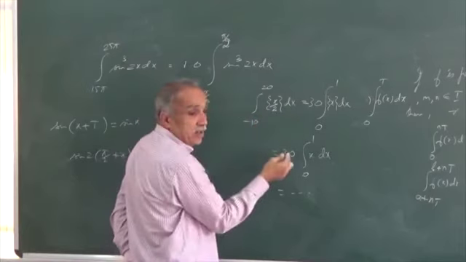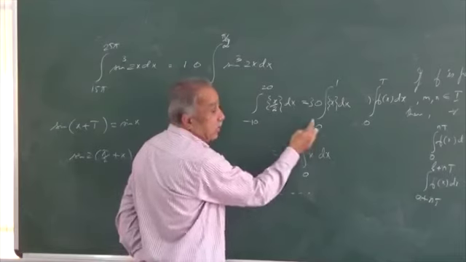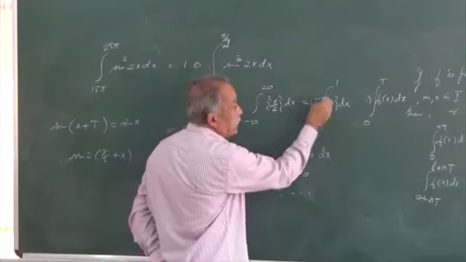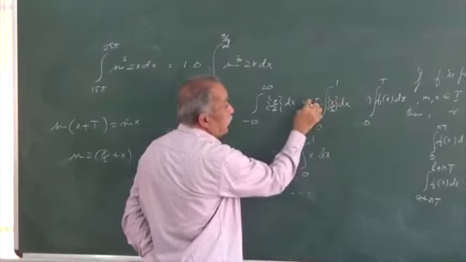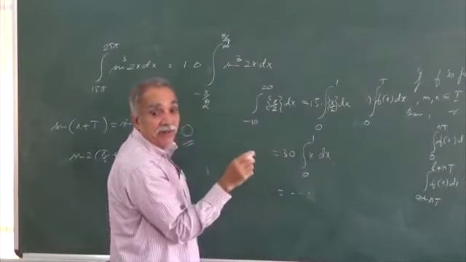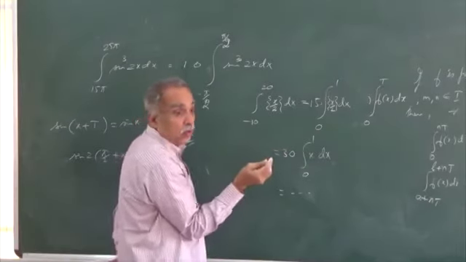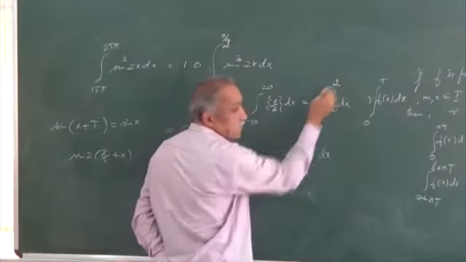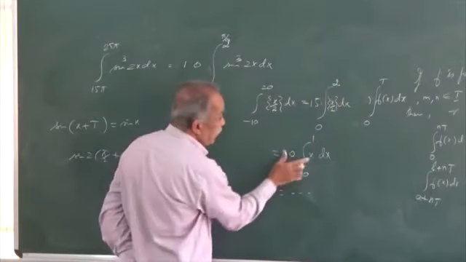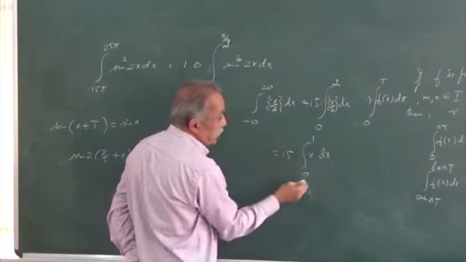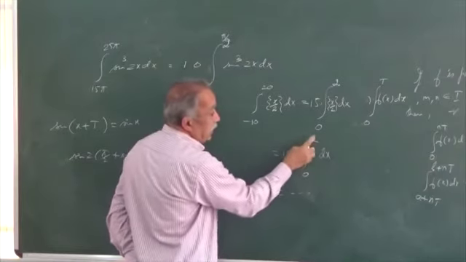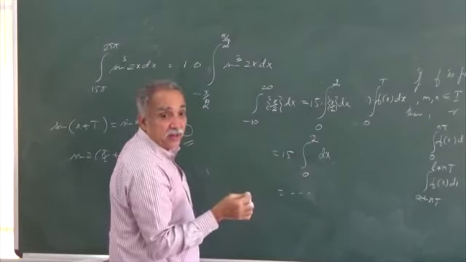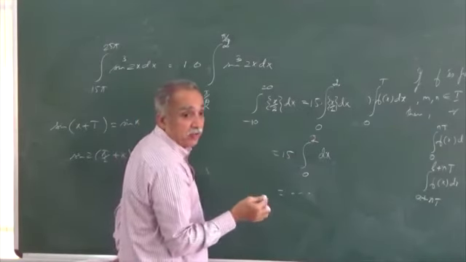Therefore, our right hand side will be not 30 times, instead it will be just 15 times integration to be performed over some interval of length 2. You may take 0 to 2 or minus 1 to 1. You prefer, your choice, 0 to 2. It is 15 times 0 to 2 of, when x is between 0 to 2, x by 2 will be between 0 and 1. So, the fractional part will be x by 2.